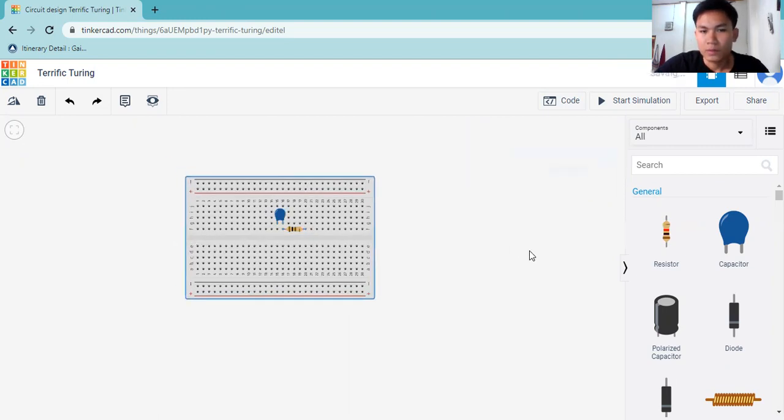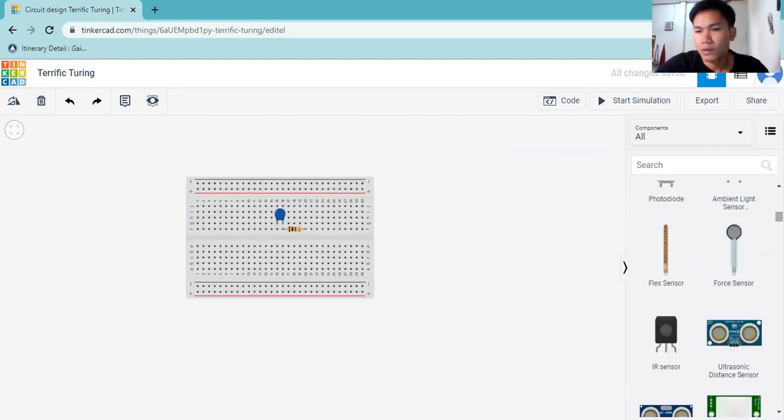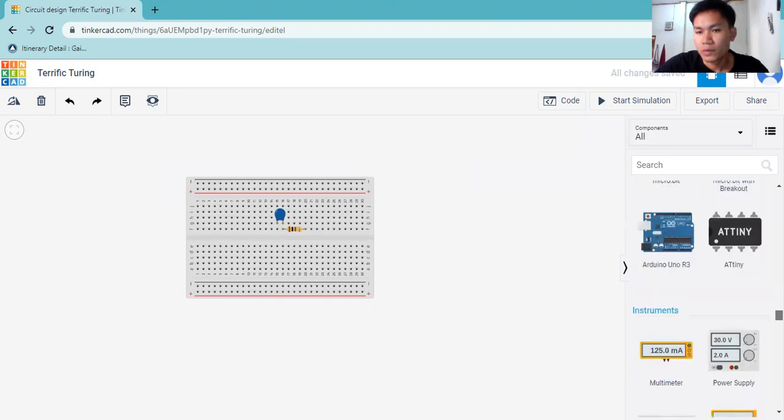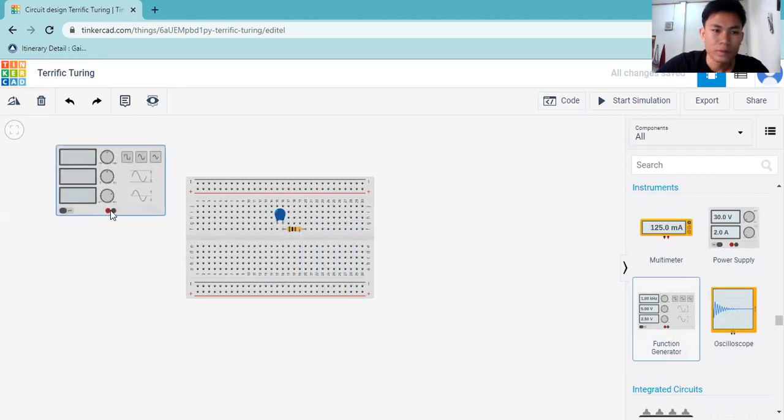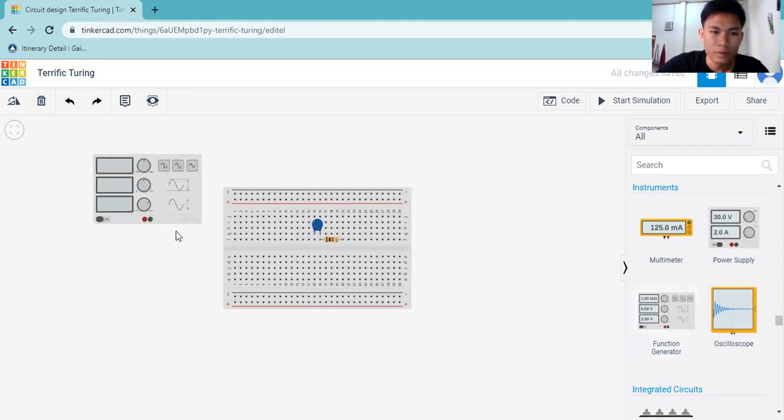So now we have this. We need the source. We use this one, so we connect this.